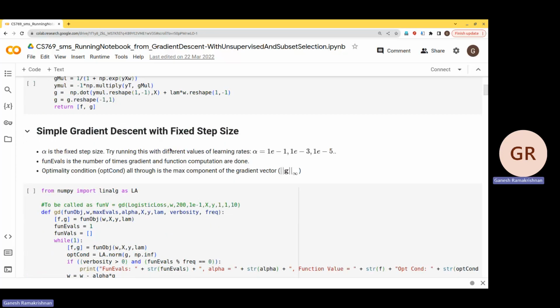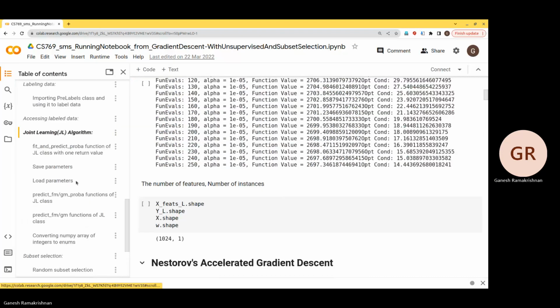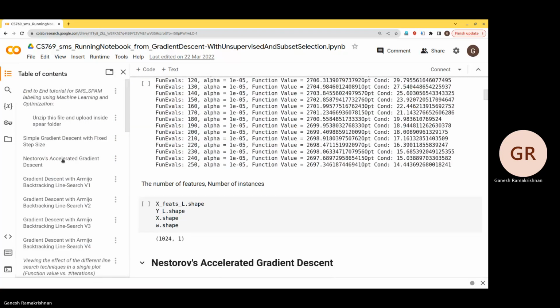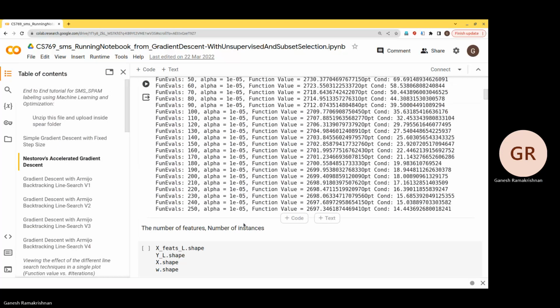So simple gradient descent with fixed step size. This is what we all do. But then I show what Nesterov's accelerated gradient is doing. So you can actually look at the number of epochs required for convergence to some function value, you just make a note of it.